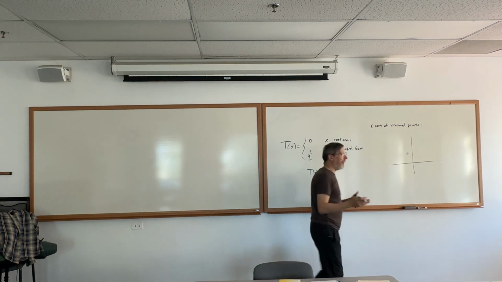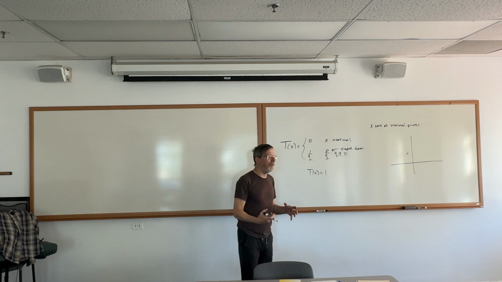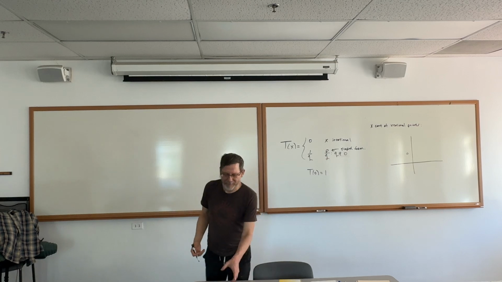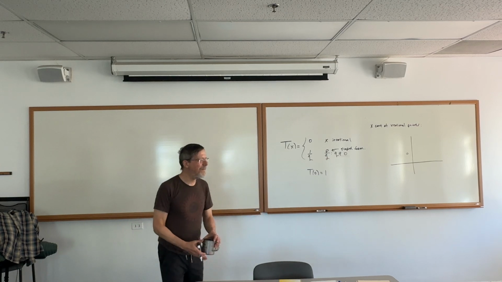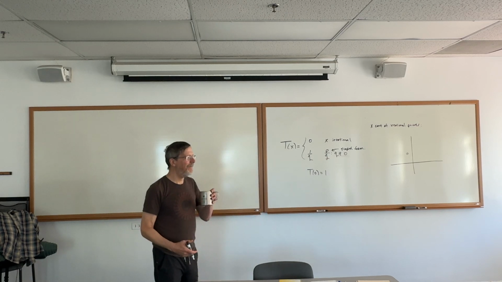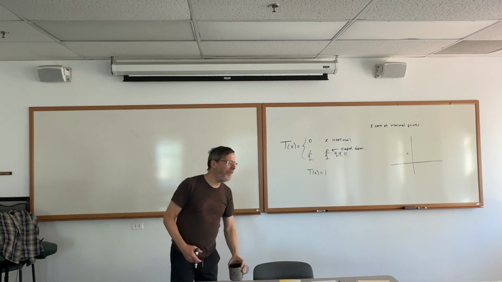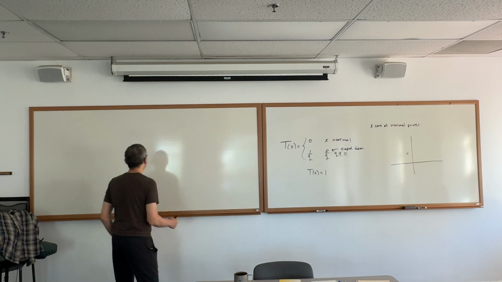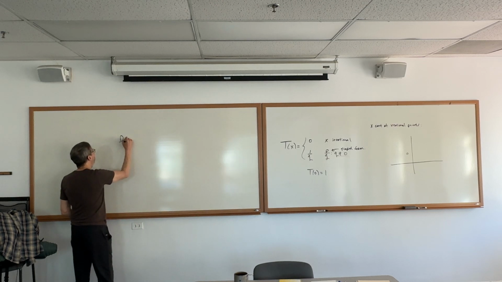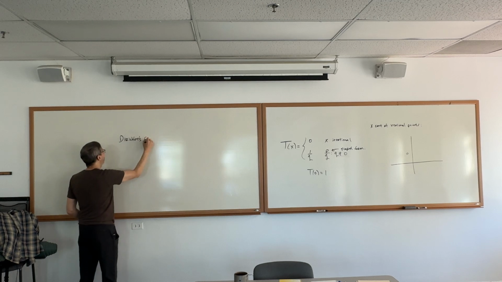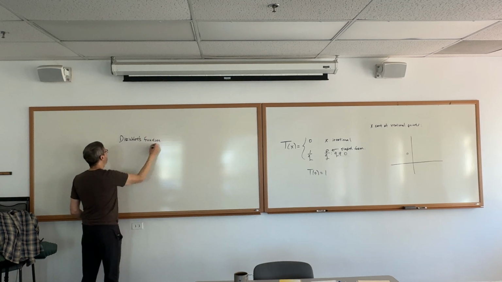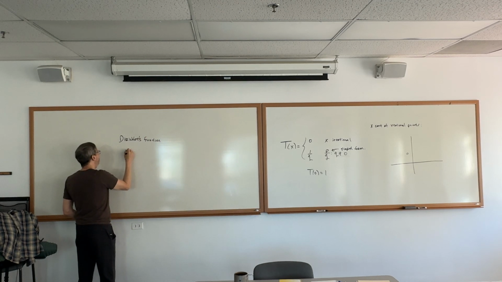Just real quick, real analysis friends: what's an example of a function that's nowhere continuous? I can't remember how to pronounce it. The Dirichlet function? Dirichlet. What is that function? It was 0 at the irrational points, and 1 at the rationals, I think.